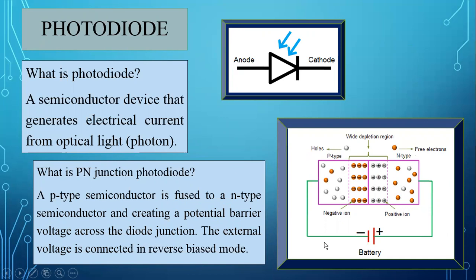Normally this type of photodiode is connected in reverse bias mode, where the P-type semiconductor is connected to the negative terminal and the N-type semiconductor is connected to the positive terminal of the battery.